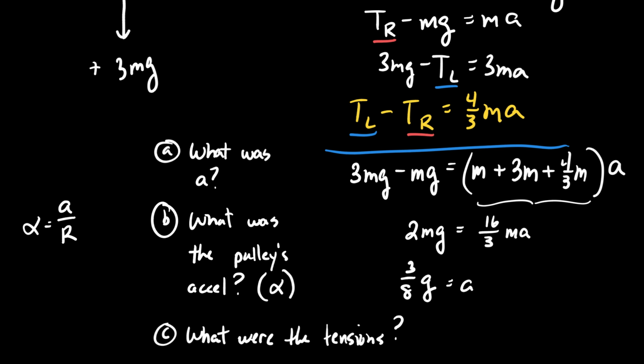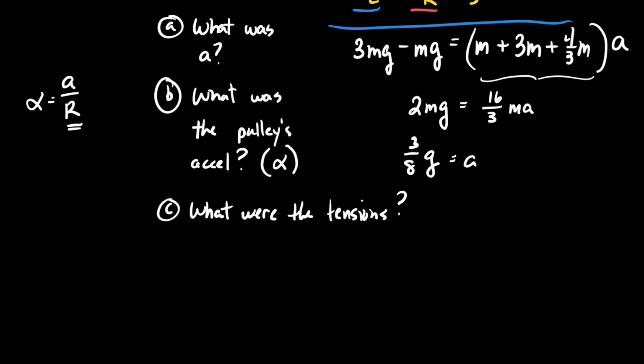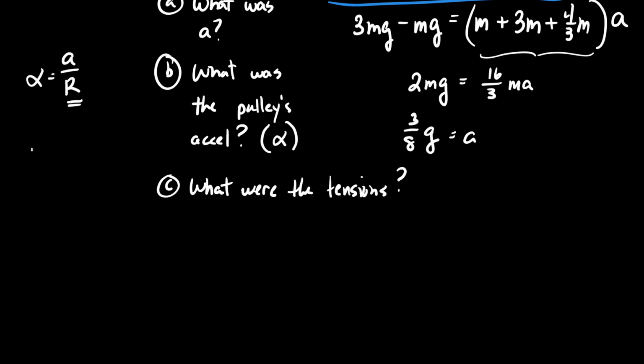So in this problem specifically, you would have to put in what we know R to be. And this would be lowercase d. That was what our radius was. So for this one, if we were supposed to be figuring out what is alpha, alpha would be our acceleration, 3/8 g, divided by the radius, which in this case was lowercase d.